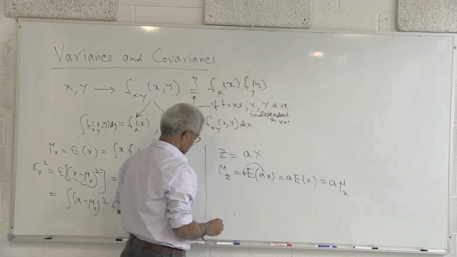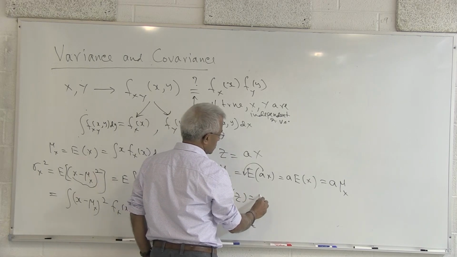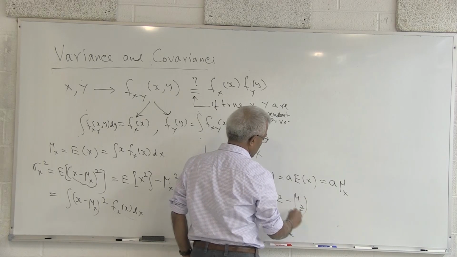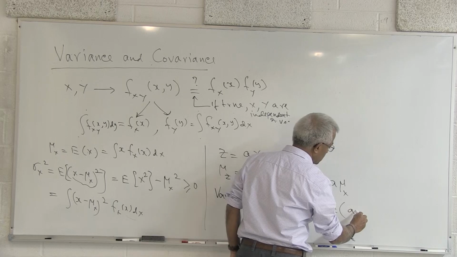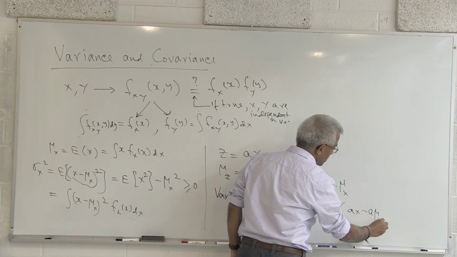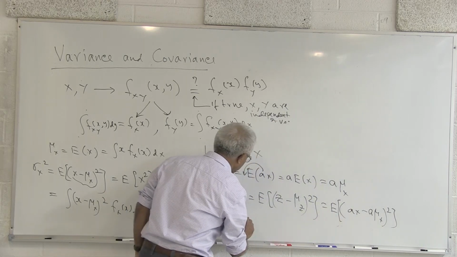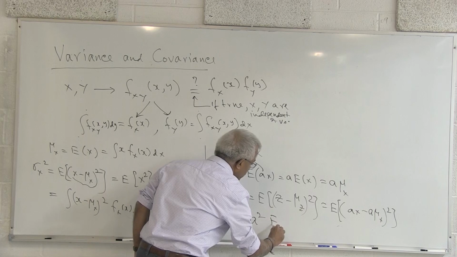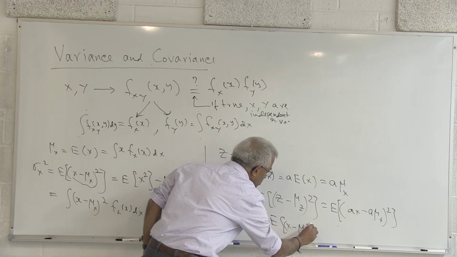But as far as the variance is concerned, variance of z is expected value of z minus mu z, the whole squared. But z is ax, so we can write this as ax minus a mu x, the whole squared. So a is a constant. If you pull it outside, it becomes a squared because of the square. And then you have expected value of x minus mu x, the whole squared.